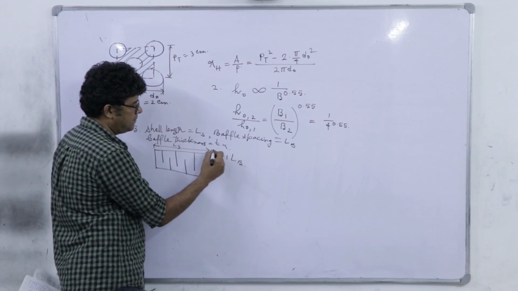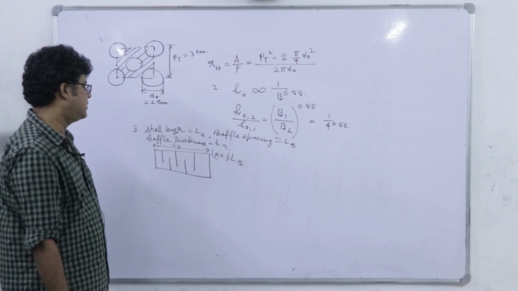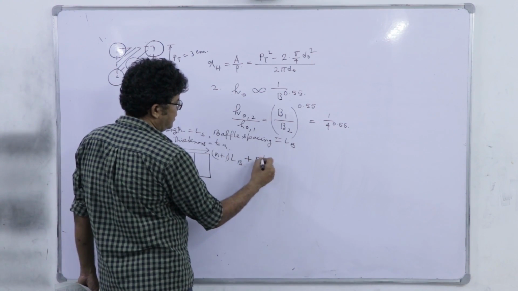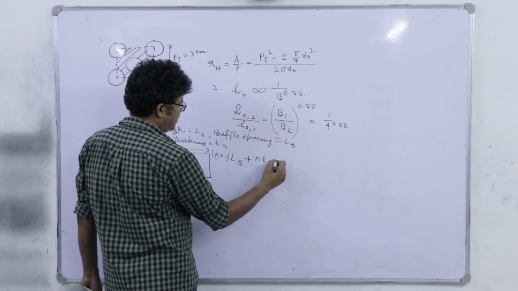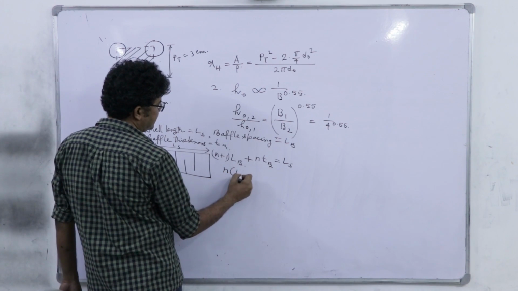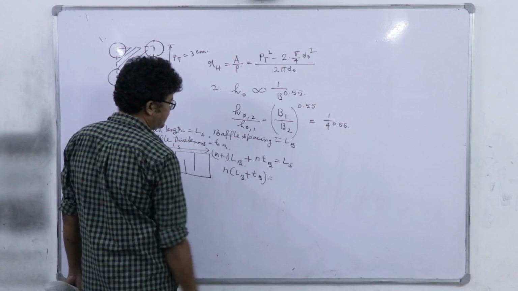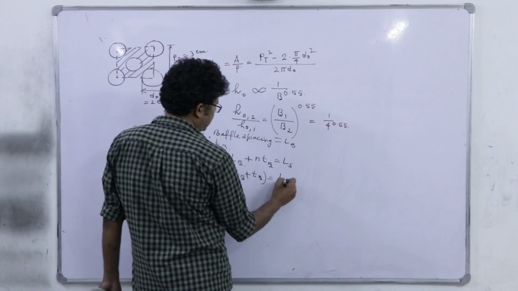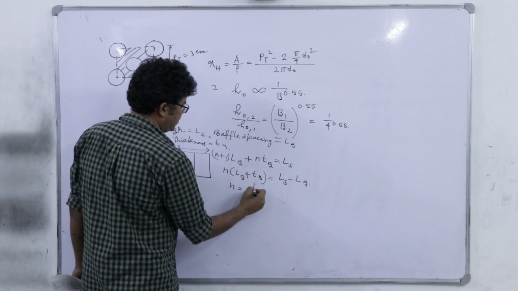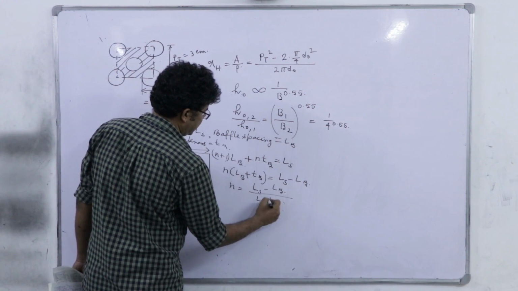So N plus 1 into LB, N is the number of baffles, plus N into this TB is equal to Ls. So N into LB plus TB is equal to Ls minus LB. So N is equal to Ls minus LB divided by LB plus TB.